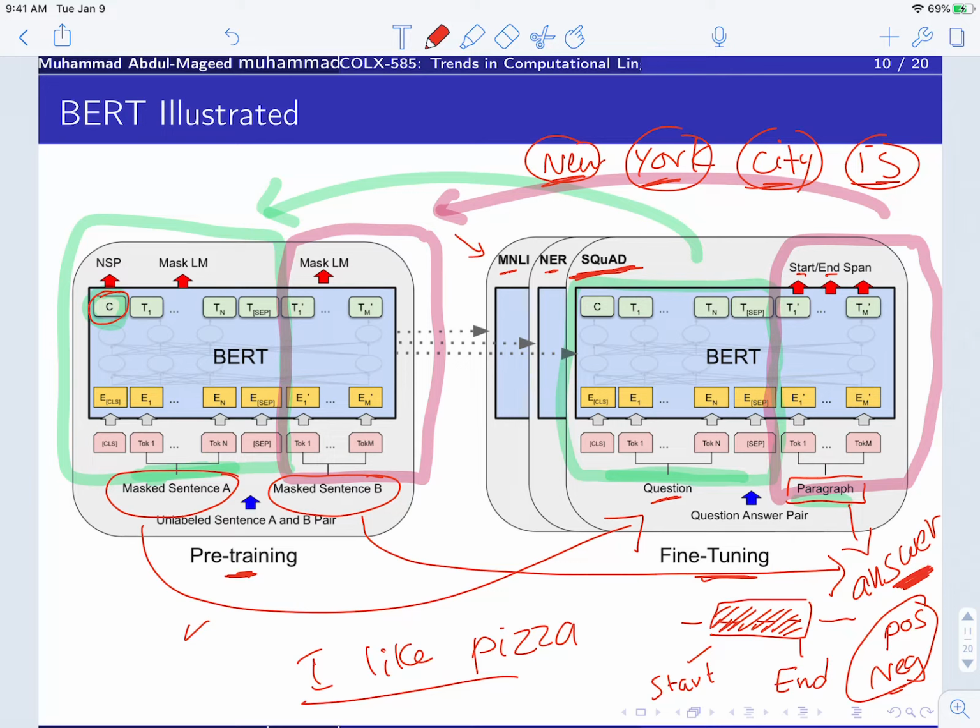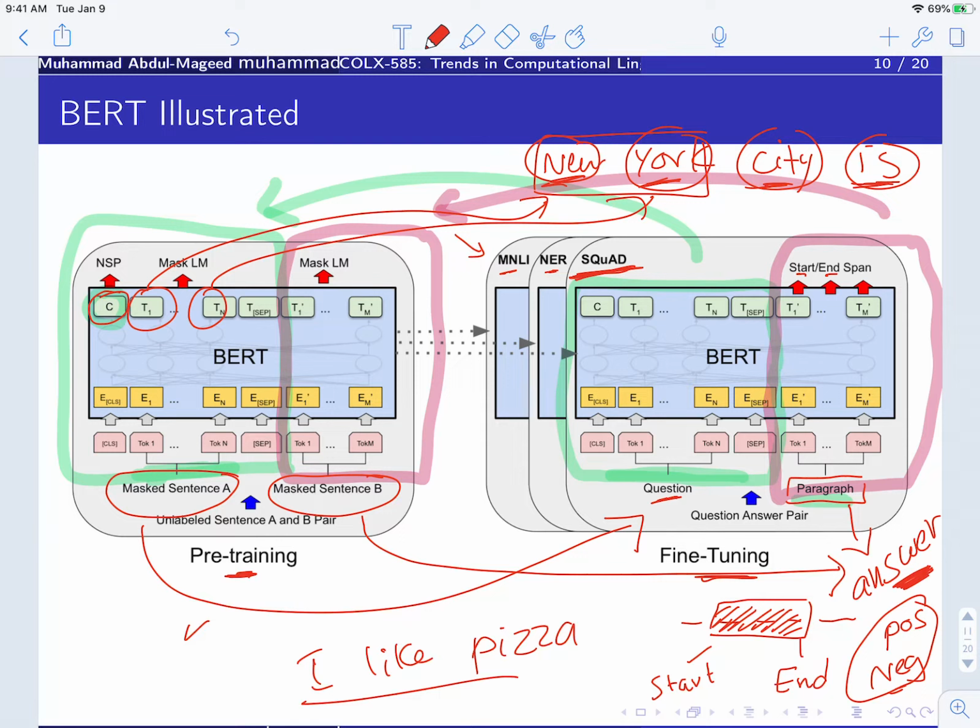I'm really looking for a good representation for each of the words, because given a word, I want to know if it is a named entity or not, or part of a named entity or not, because these two are a single named entity, right? So in tasks that require not a whole sentence representation, but a good representation for each token, I can easily just take these representations of the tokens, and then I can just plug them in here, right? So now that's what I will do.